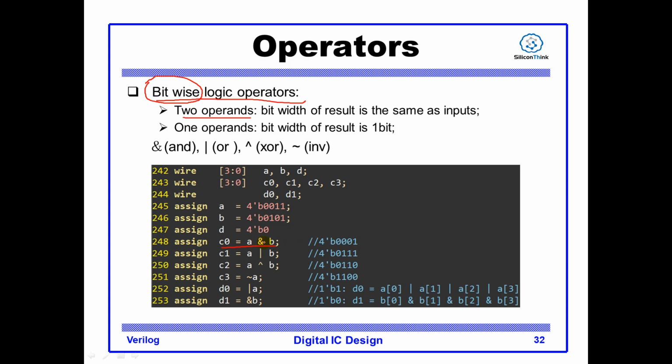The AND operation will be operated on each bit of A and B, that is bit 0 of A and bit 0 of B yield this bit. Then bit 1 of A and bit 1 of B yield this bit. This is the third. Oh, sorry, this is the fourth.